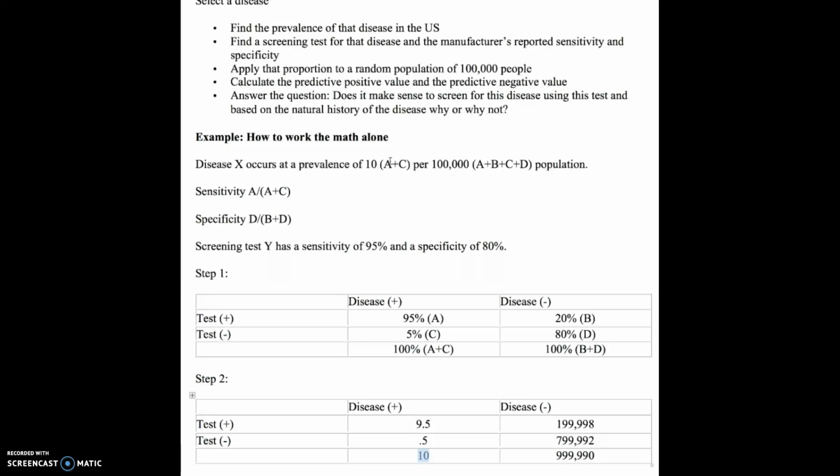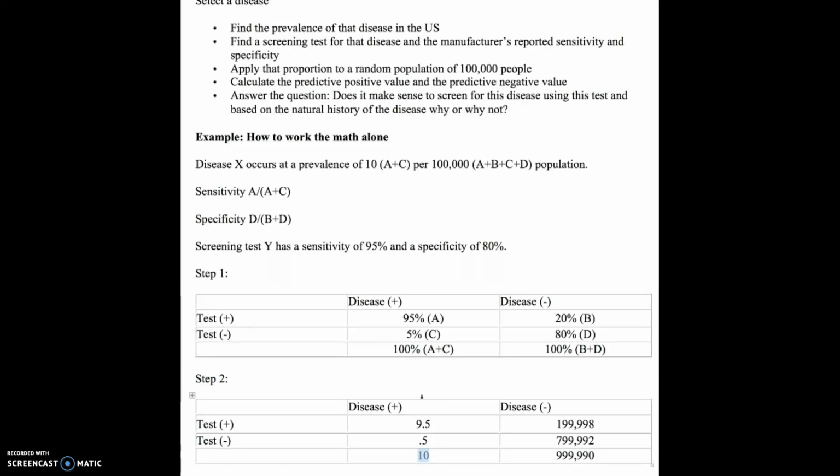Okay, so this is the sick, this is everybody, and this number represents everybody minus the sick. And then again, multiplying 80% by that 999,990 gets you the 799,992. And multiplying the 20% by the 999,990 gets you 199,998. So this gets you the populated version of your table.